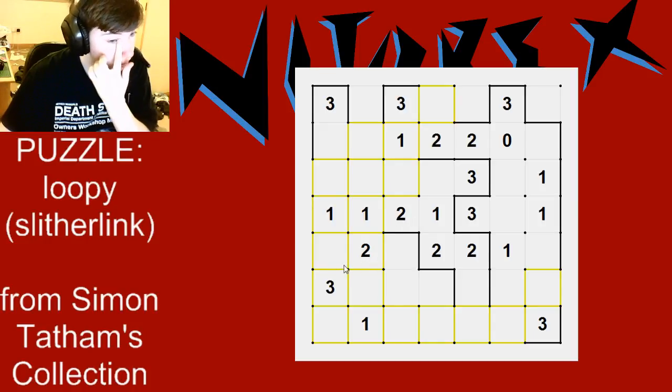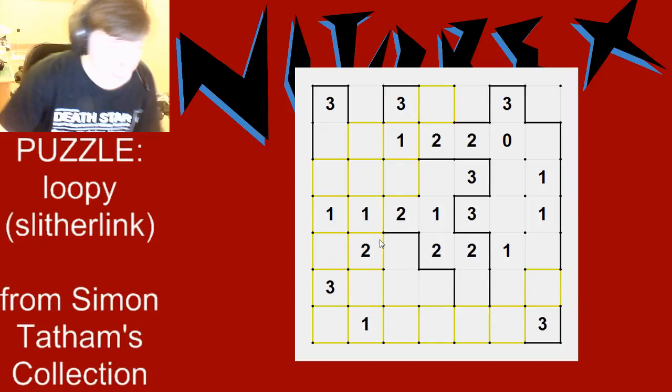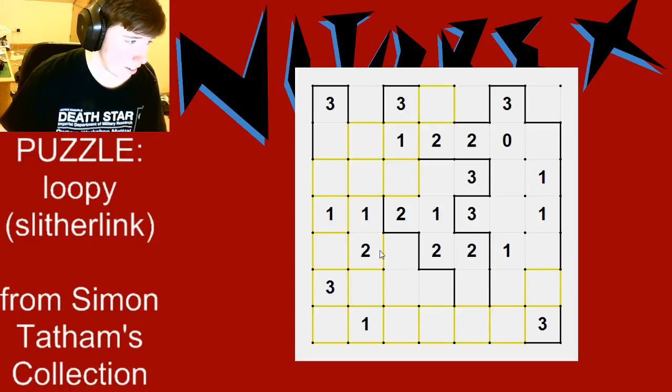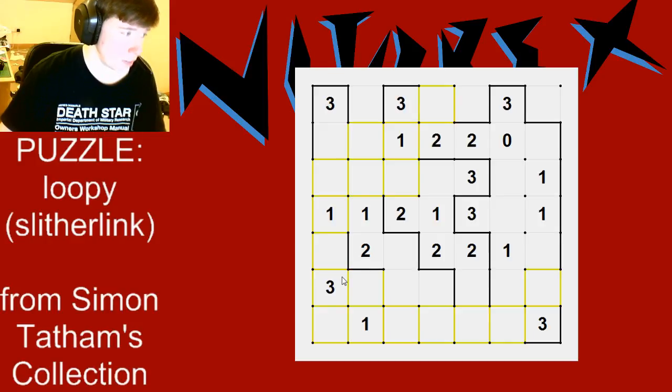So, with this one, on this side, this could be like this, or it could be on one of these, right? If it's like this, it's a 0, and it has both.